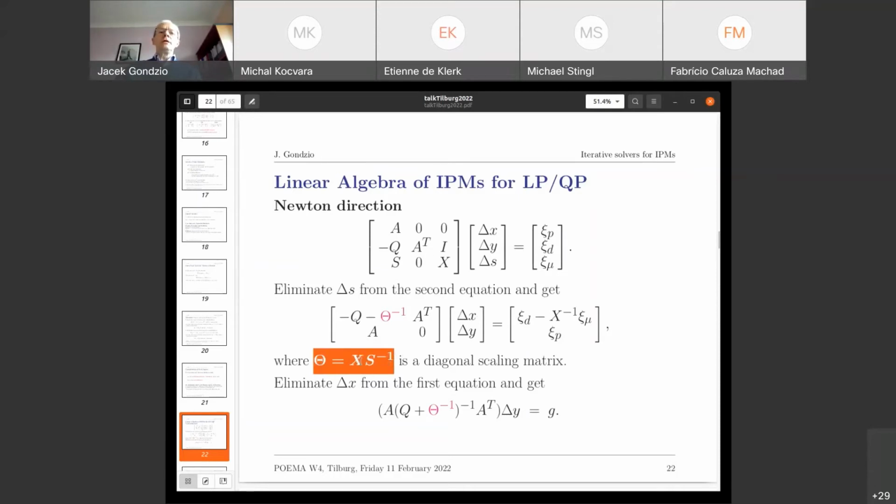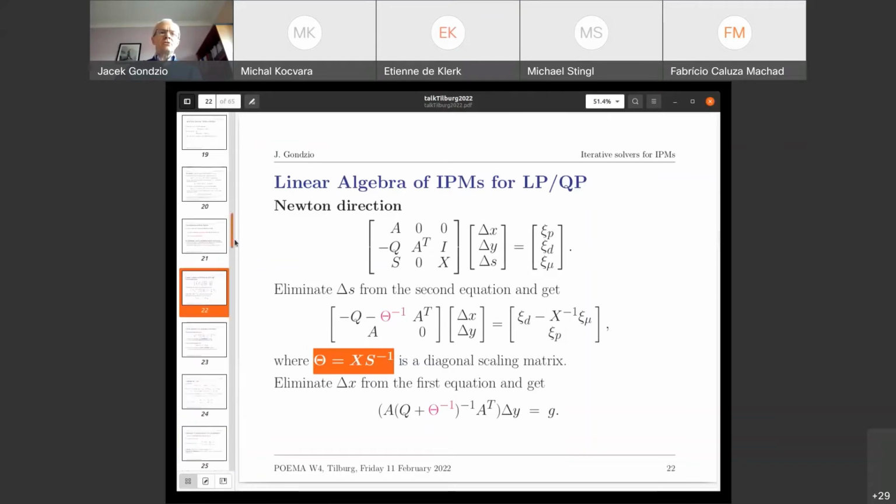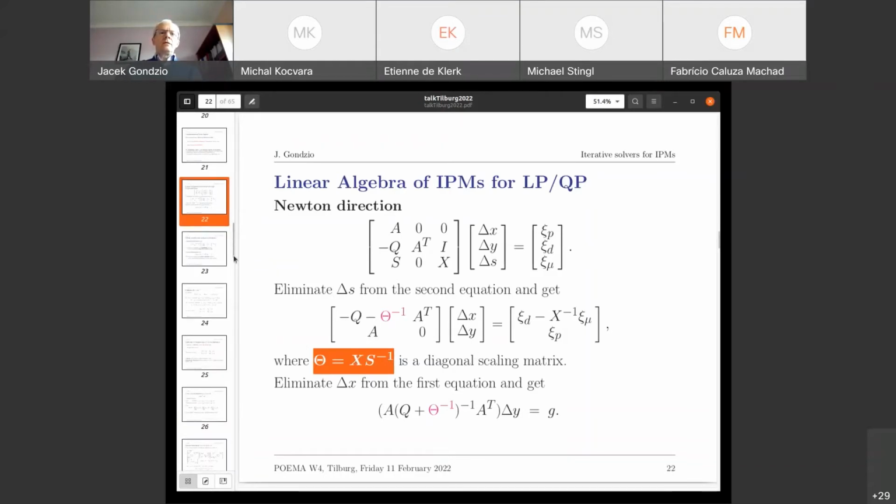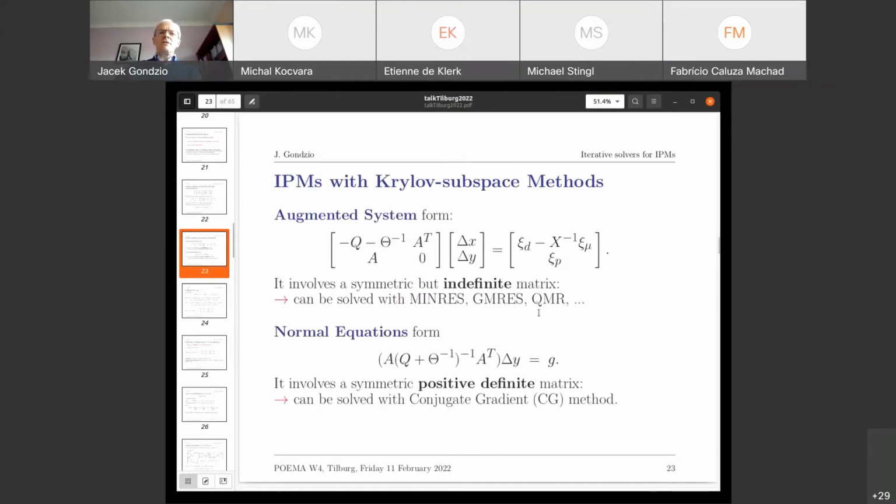And let me remind you, X is the primal variable, S is the dual slack, or the Lagrange multiplier associated with the inequality X greater than or equal to 0. So this matrix Theta always behaves rather badly. It has bad terms. I will explain it in a second. But what we'd like to do is to use Krylov subspace methods and solve either the augmented system or normal equations.